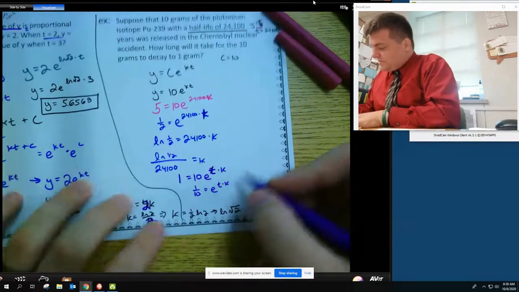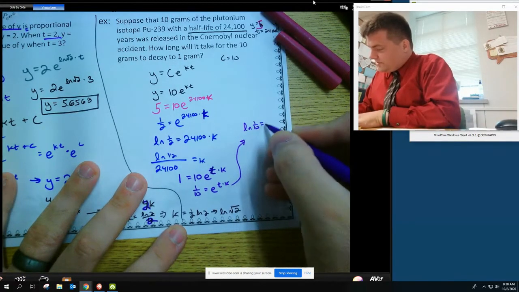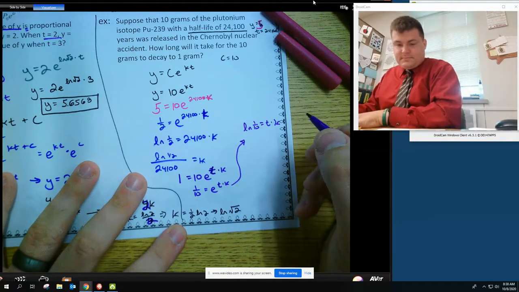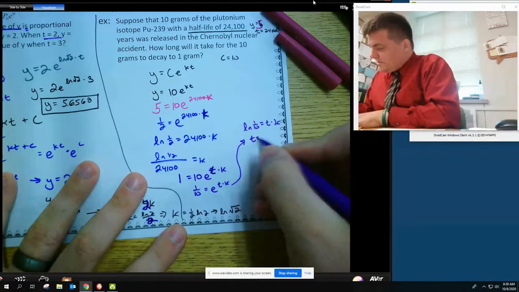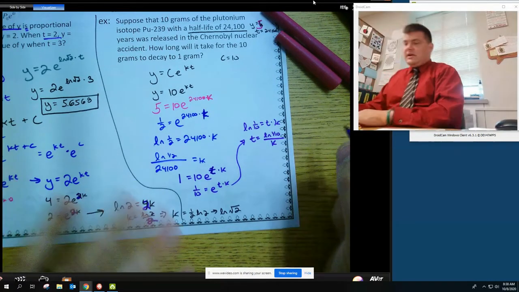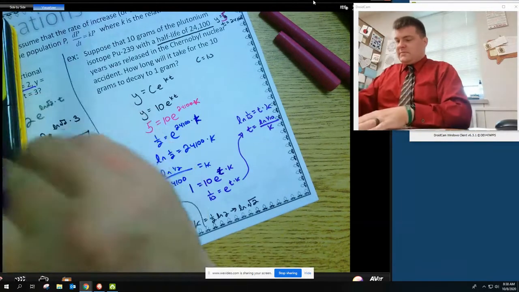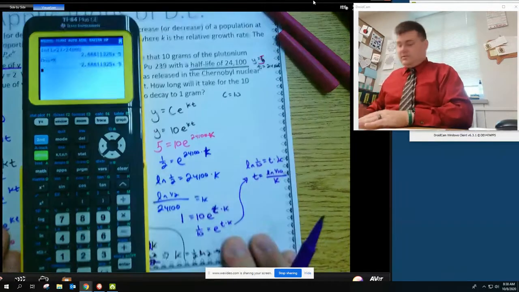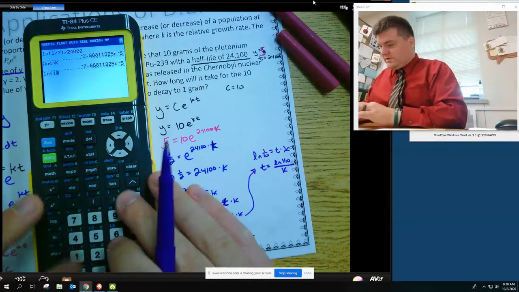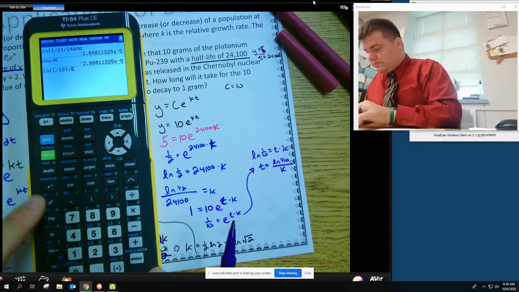I'm going to ln both sides. Give myself room, and I'll do that up here. ln of 1/10 equals t times k. And then t is going to be equal to ln of 1/10 all over k. When I do that on my calculator, go ahead and do ln of 1/10 and then divide that by my alpha k right there.